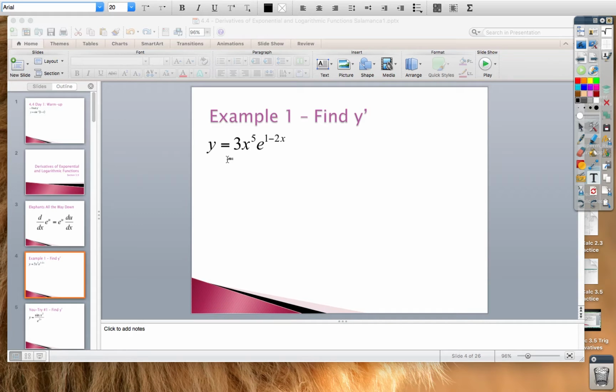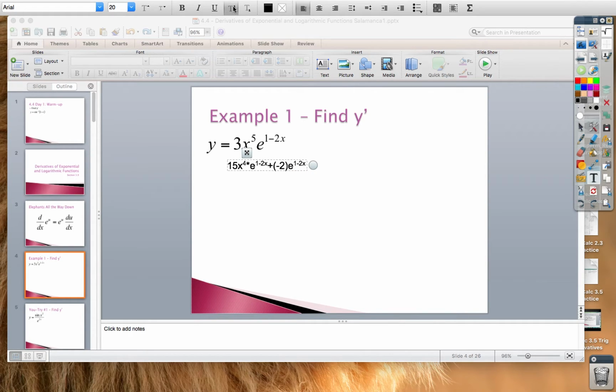In this particular case, you'll notice that we have the product rule. So remember, that's the derivative of the first times the second. So times the second is e to the 1 minus 2x, plus the derivative of the second. Derivative of the second is negative 2, because if we take a look at 1 minus 2x and take that derivative, it's negative 2.